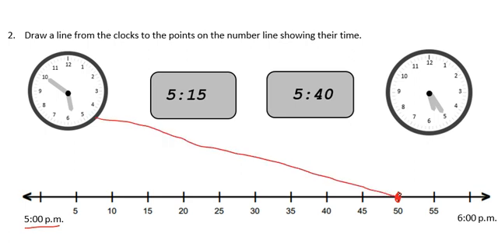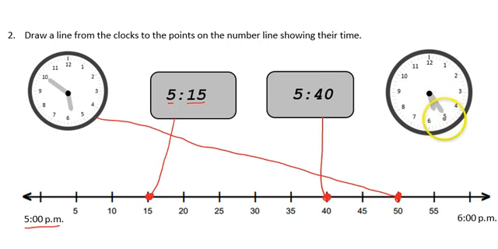The second clock is showing us 5:15, or 15 minutes past 5 o'clock. I start at 5 o'clock, find the 15 minutes past it, and I'll connect that clock to that point. Next I have 5:40, or 40 minutes after 5 o'clock. That would be marked here. Connect that clock to the 5:40. And if I look at my last clock, it's after 5 o'clock.